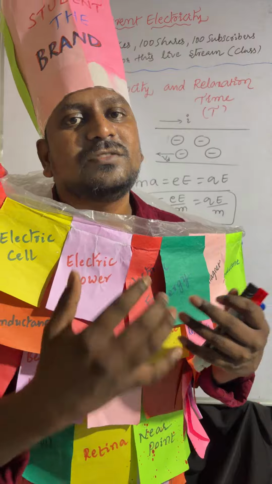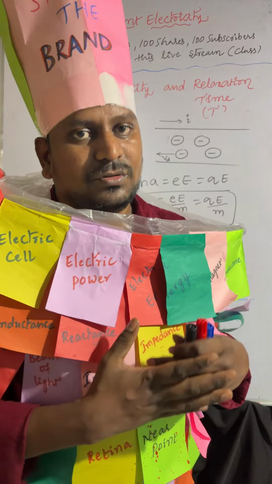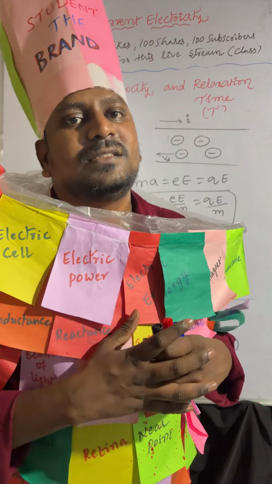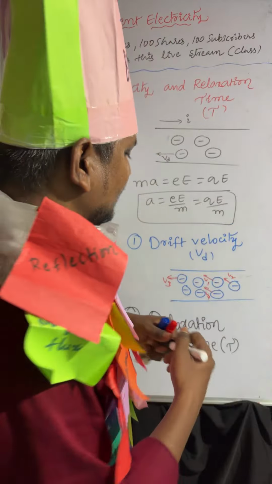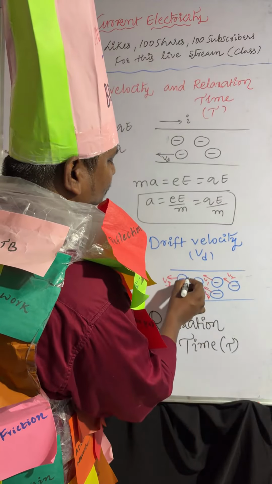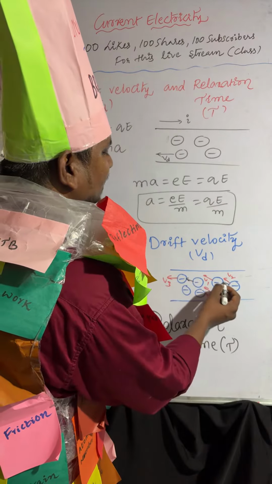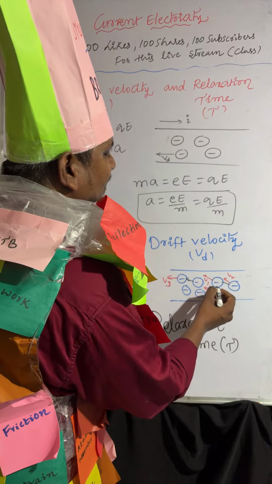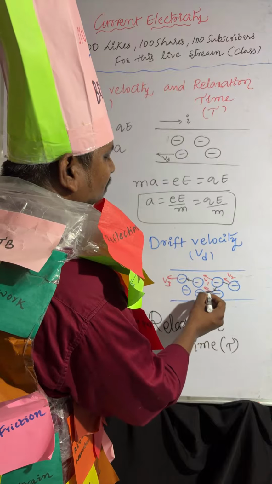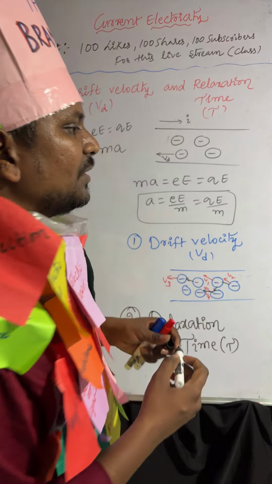So collisions will take place between electrons. Suppose this electron will hit this electron, and that electron is going to hit another electron.